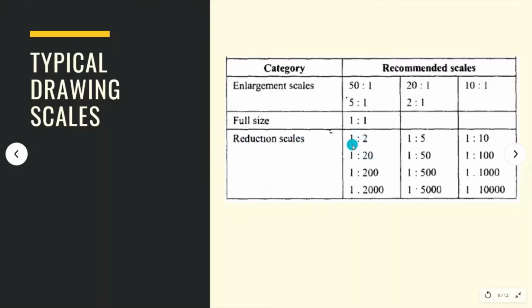So as you can see, we have 1:2 or half ang object size, 1:20, 1:200, 1:2000. So more on times 10 lang siya or 1/5 lang tong drawing. So dili na ta kayo mo 1:3, 1:30, dili kayo. So basically mao lang kung magbuhat ta sa atong engineering drawings.